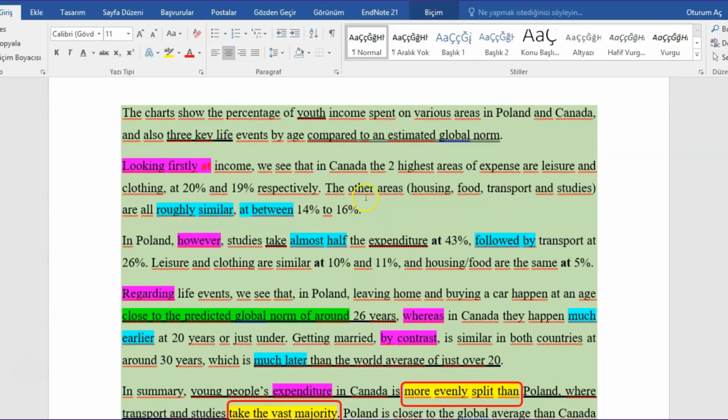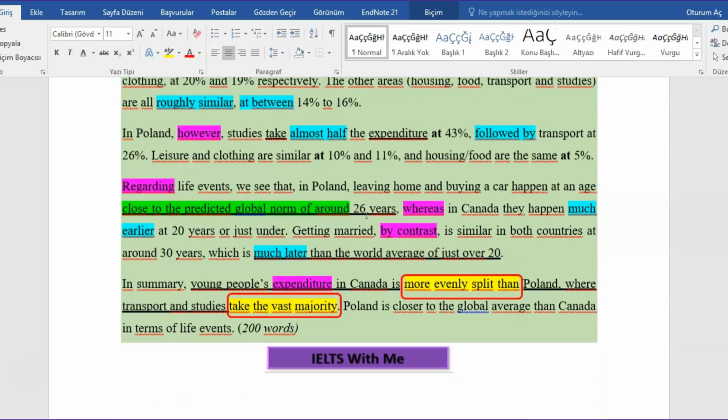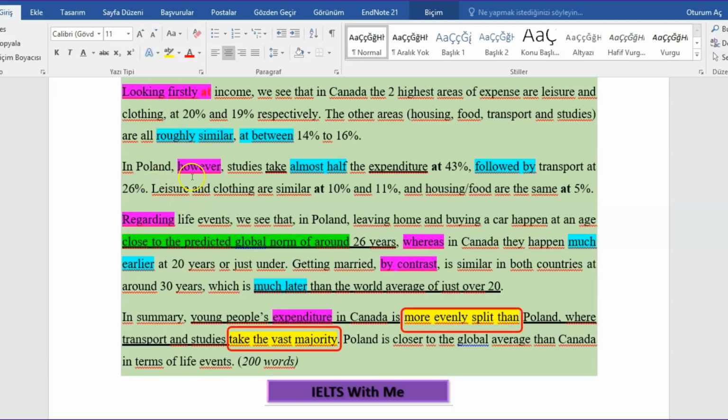And then the other areas, housing, food, transport, and studies, are roughly similar to each other, at between 14% to 16%. Great.